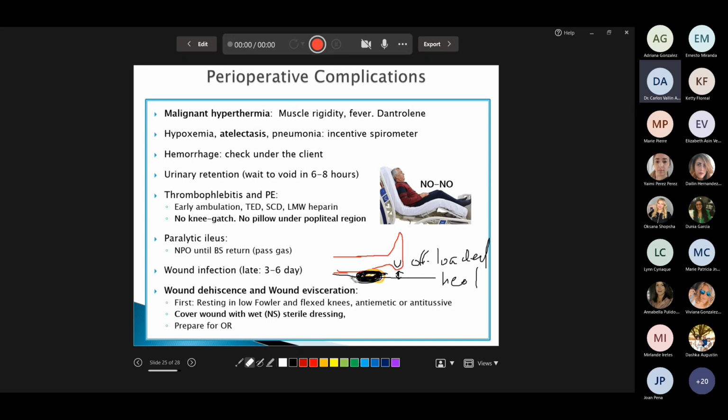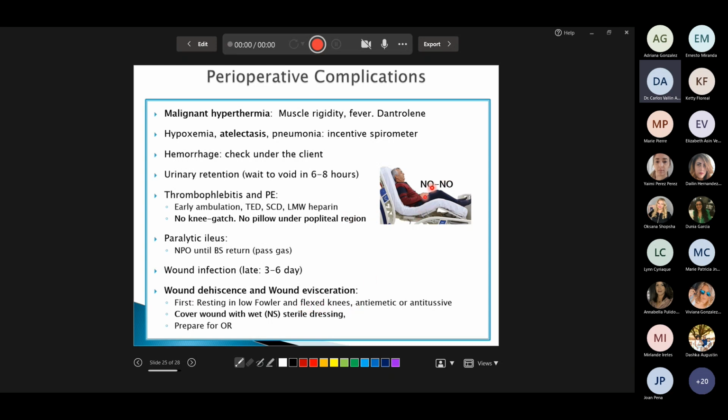Remember that after surgery, you are not going to allow the client to eat until the bowel sounds return or the patient passes gas. And remember that there is a risk of wound dehiscence or wound evisceration days after the surgery. When you have a wound dehiscence or evisceration, the first thing to do is to move the patient down to a low Fowler position, so a low elevation of the head, and the knees flexed.